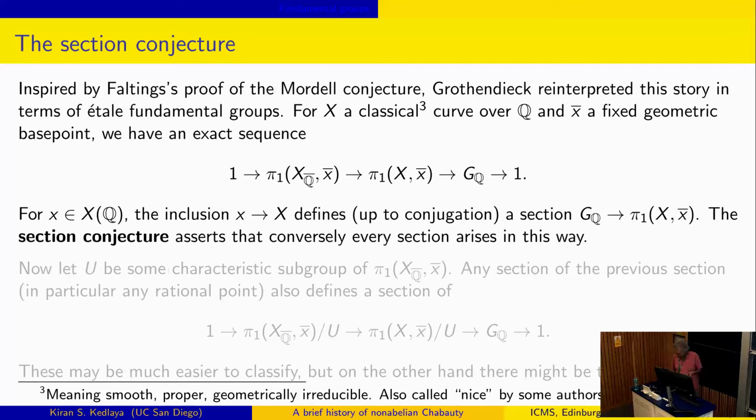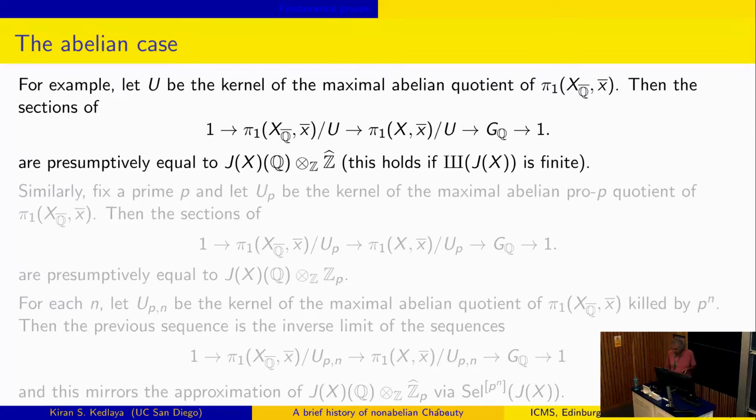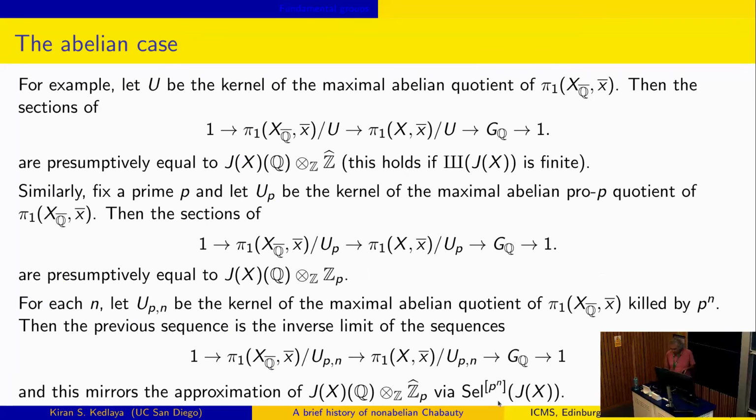But of course, when you work with a quotient, typically you can identify other features of sections that are necessary for them to lift all the way up. So for instance, you can use the techniques of p-adic Hodge theory to identify conditions. So in practice, you don't hold to a rigid version of Grothendieck philosophy; you allow yourself to incorporate information about things like p-adic Hodge theory when you define Selmer groups.